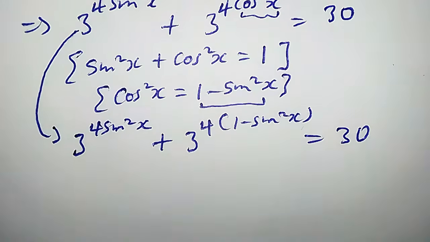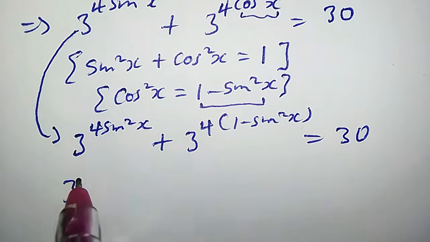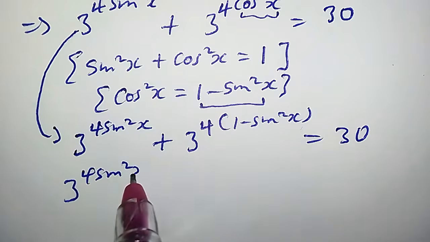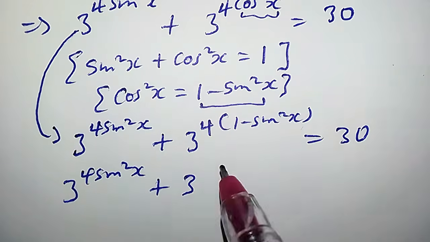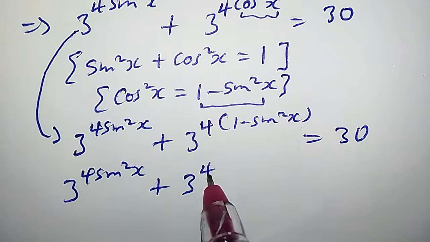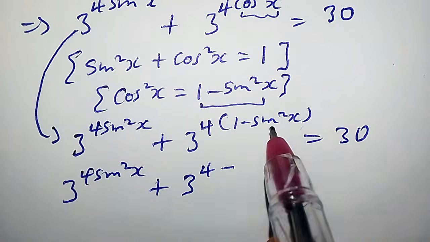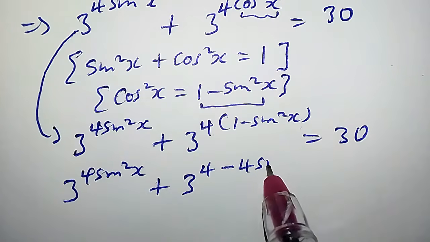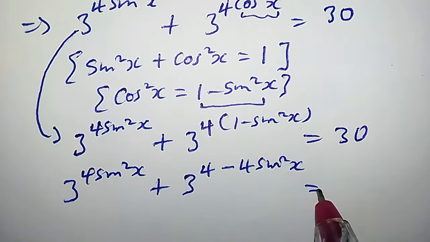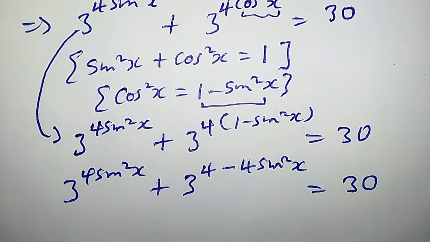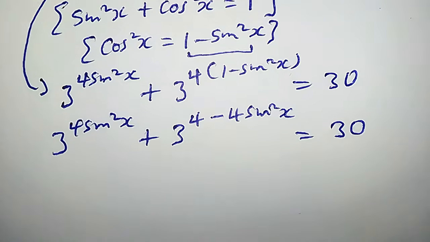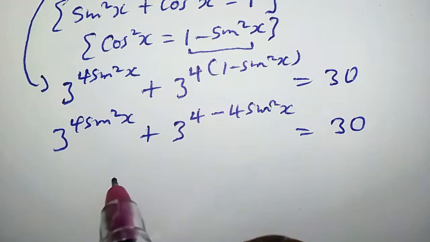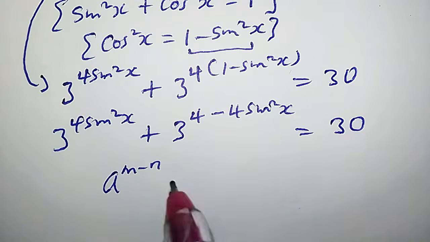Let's proceed further. 3 raised to 4 sine square x plus 3 raised to 4 times 1, that is 4, minus 4 times sine square x, that is 4 sine square x, equal to 30. Also, from laws of indices, let's say we have a raised to m minus n.